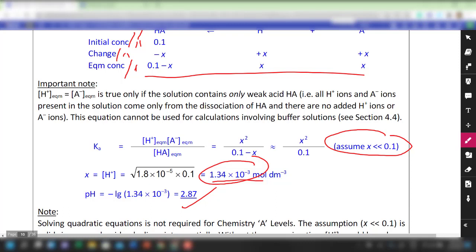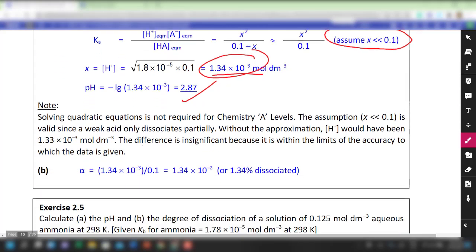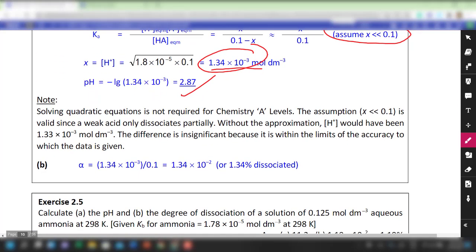But for the purpose of H2, we will just ignore that. But as I said, if you wish to solve quadratic equation, you can go ahead, but again, penalizing yourself in the process. Whatever I mentioned is given in this particular note over here.